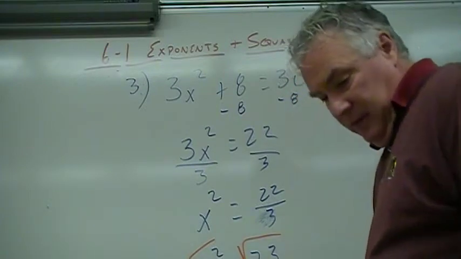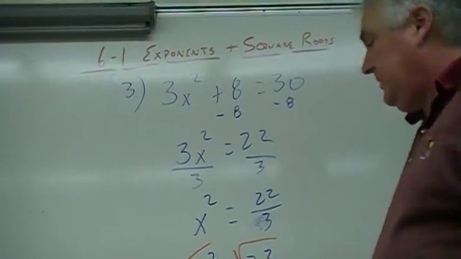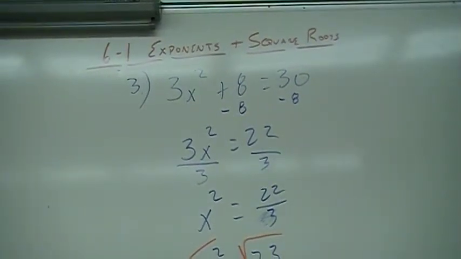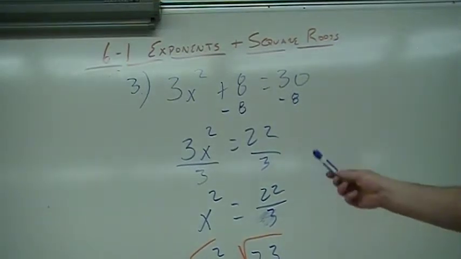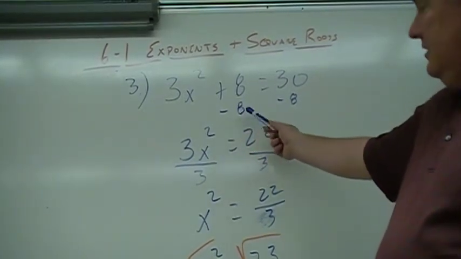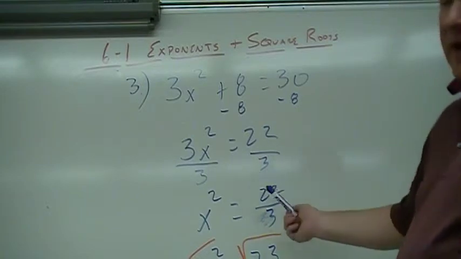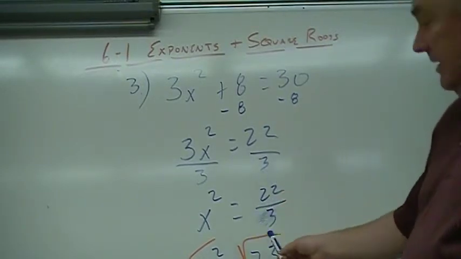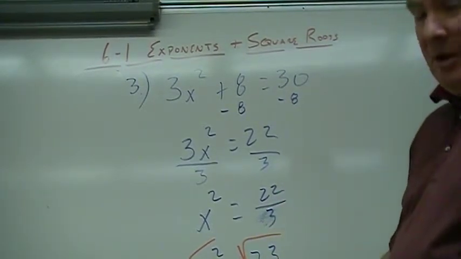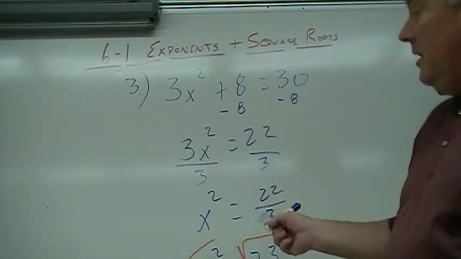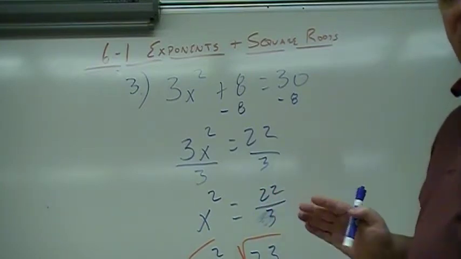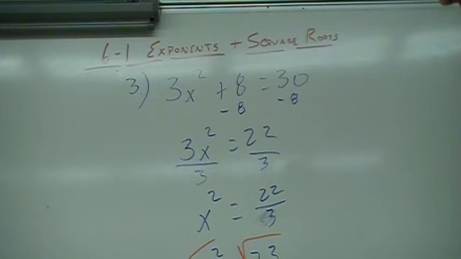X equals 2.7. All right, so that's a little bit longer because it's got the extra steps, plus you had to divide. I wanted to show you one where you had to get into decimals a little bit. Okay, so make sure you've got this piece down.